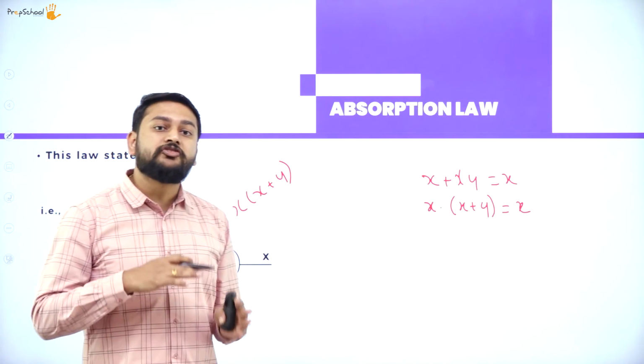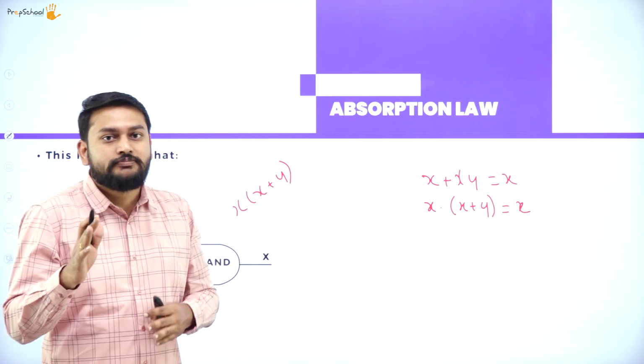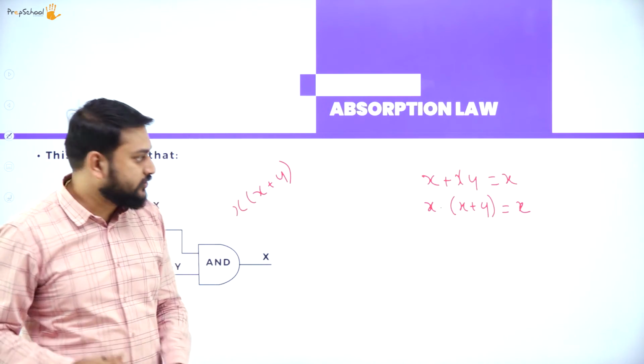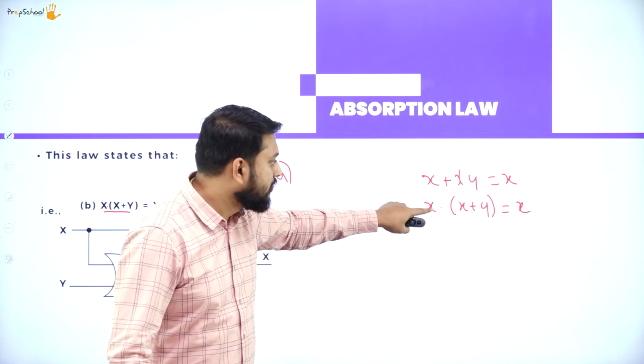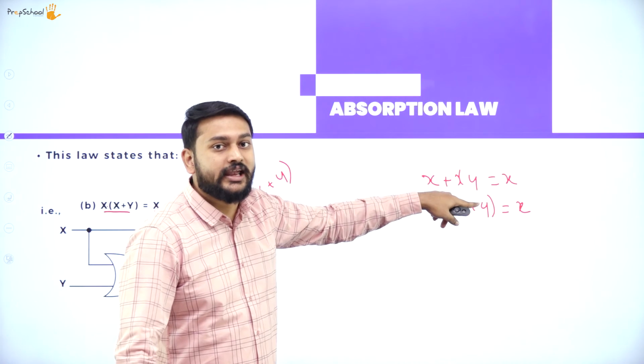Wherever I have plus, I am replacing it with a dot, that is multiplication. Wherever I have multiplication, I am replacing it with a plus. So here I had plus, I am replacing it with multiplication. Here I have multiplication, I am replacing it with a plus. That's the second law that I have.